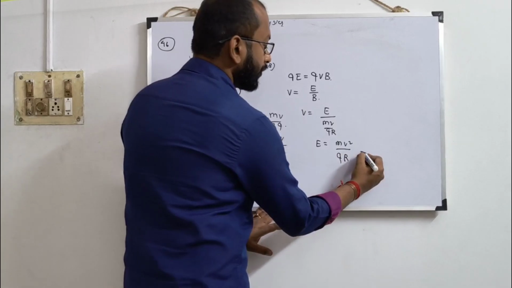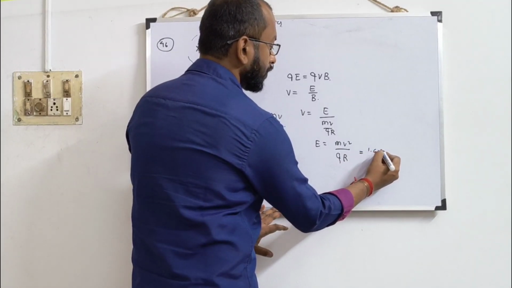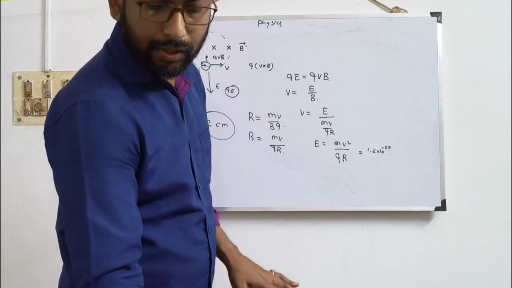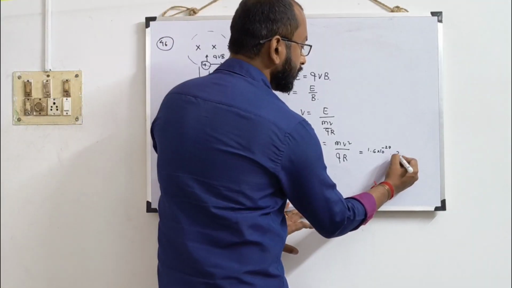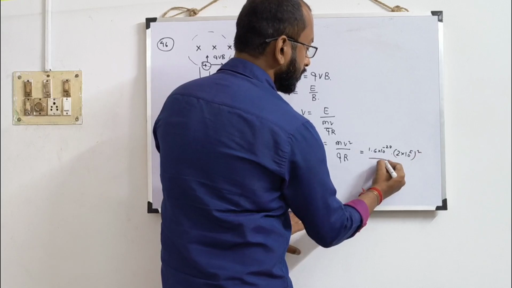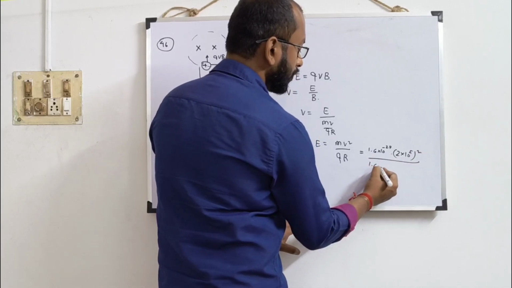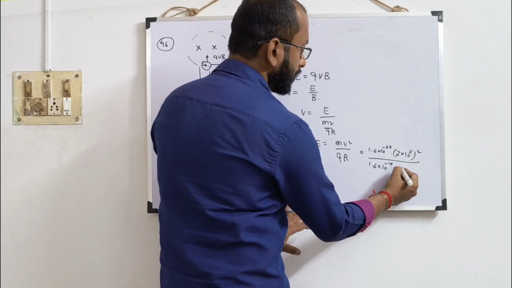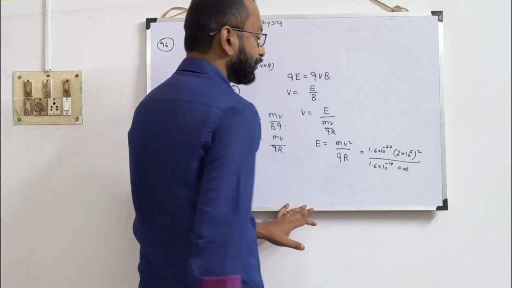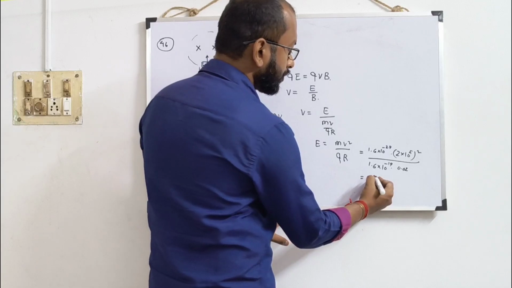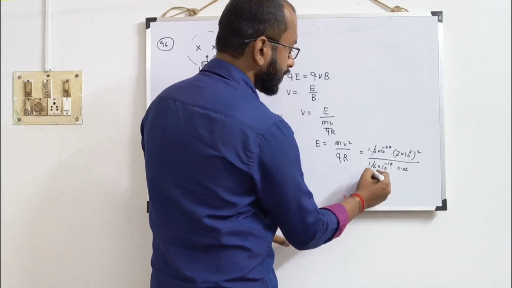So we'll just put those values. 1.6 into 10 to the power minus 27 into v square. v is given as 2 into 10 to the power 5, square, by q, we know 1.6 into 10 to the power minus 19 coulomb. R is given 2 centimeter, means 0.02 meter. It's just a simplification after this. So 1.6 will cancel.